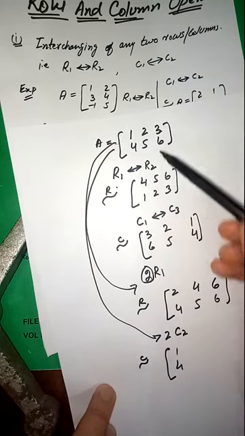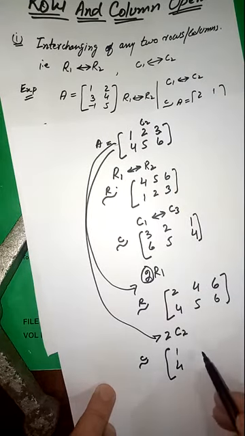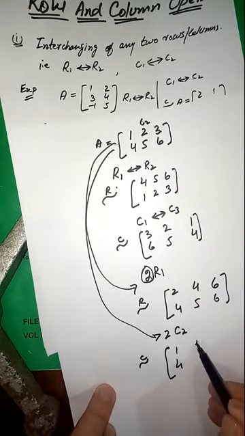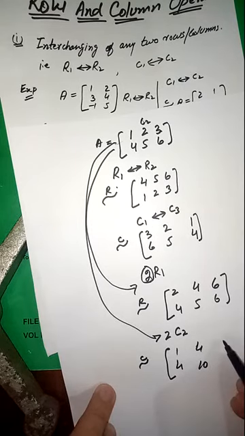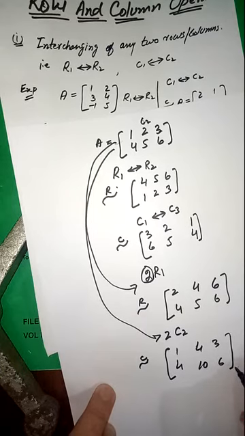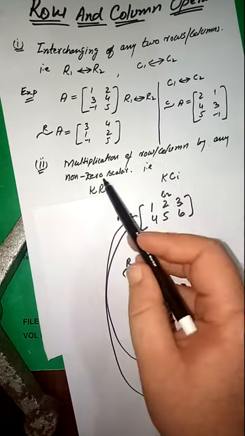The column 2 elements are 2 and 5, so multiplying by 2, that becomes 4 and 10, and column 3 is 3 and 6. So that is called multiplication of a row or column by any non-zero scalar.